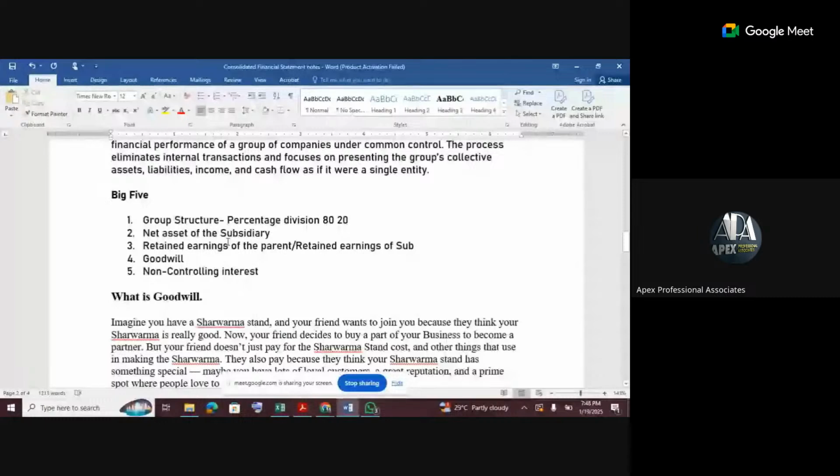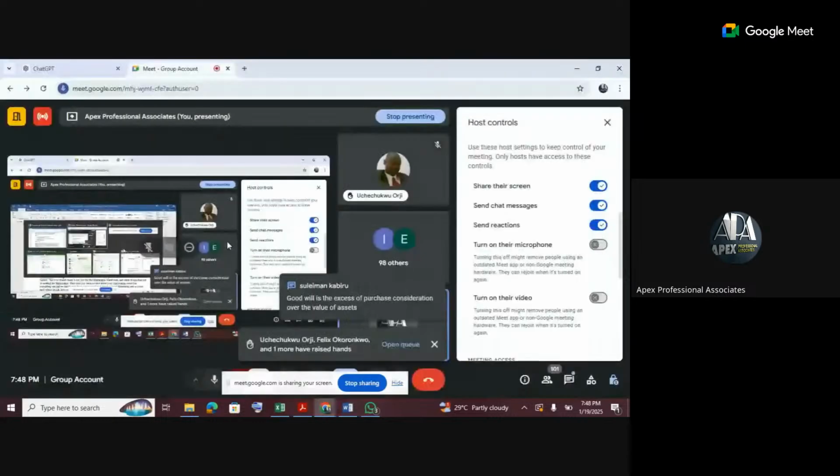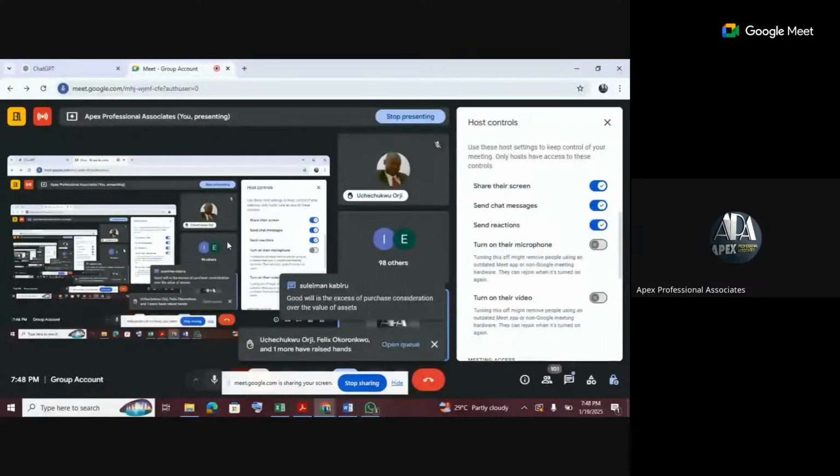So I said the first thing to identify is the group structure. Sometimes in the question, you'll be given the group structure. They will tell you 80%, 20%. Sometimes they will give you the total value of the shares and how much the parent paid, so you can now calculate the percentage yourself. Most times they would give you all the scenarios for you to calculate.